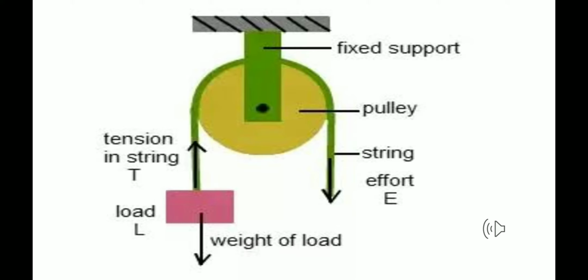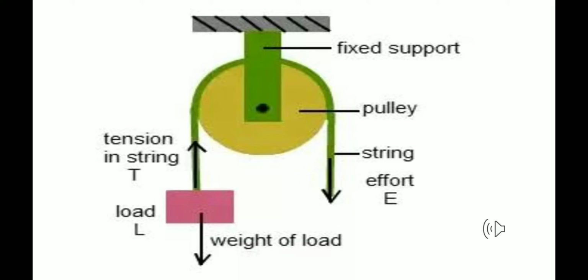Then there is a tension in the string as the load is hanging over there. So there will be a tension maintained in the string. When you push or pull each other, there is a tension force which you have studied in class 9, which is a contact force.